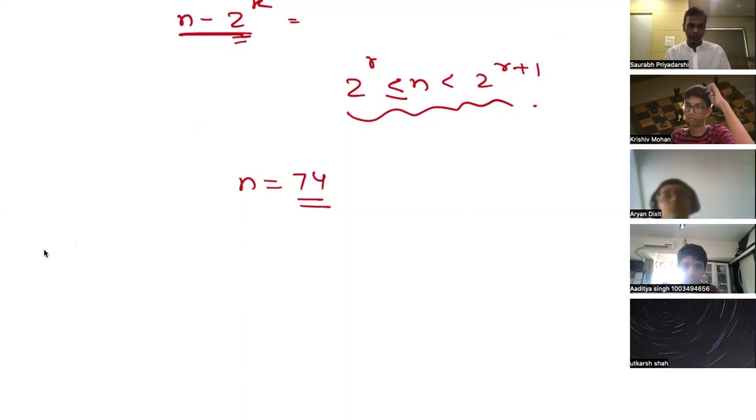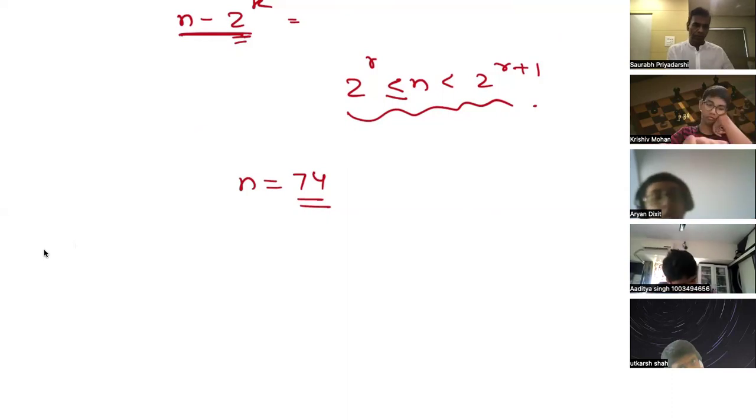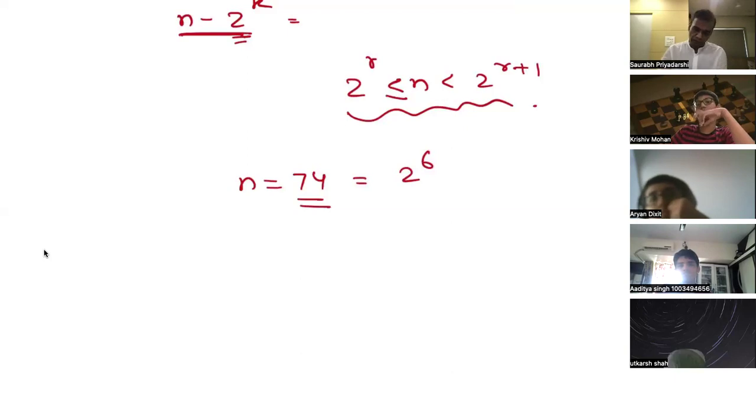Very good. 2 to the power 6 is 64. Then the remaining 10 is 2 to the power 3 plus 2 to the power 1.